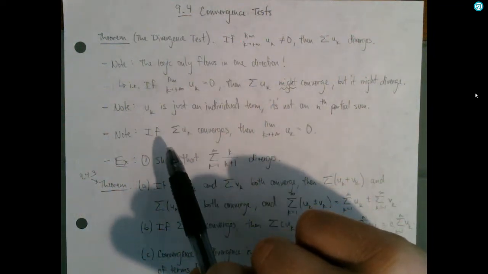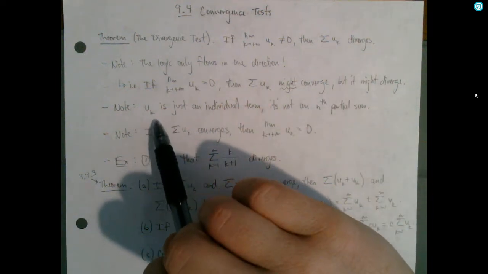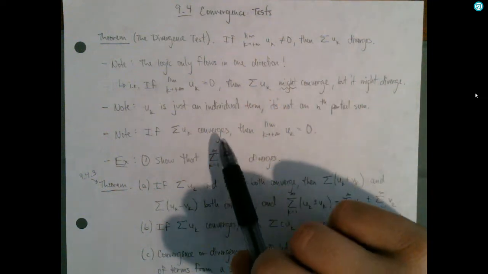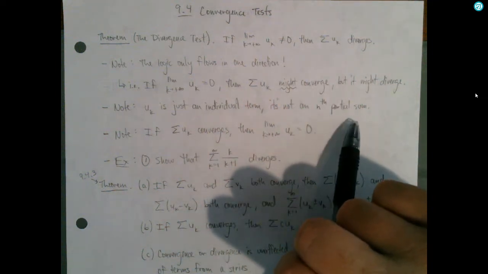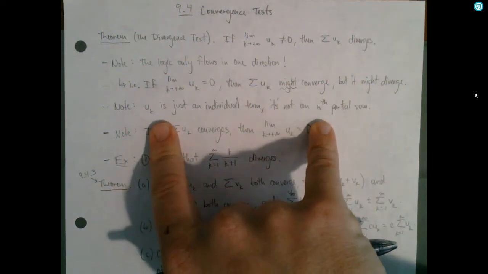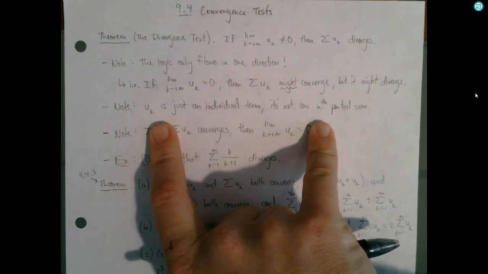Another thing that I'll point out, because I know that this is maybe a little bit confusing, is that u_k here represents just an individual term of a series. It's not an nth partial sum. Okay, and that's important to realize, because in the previous section in 9.3 we were talking about how if the sequence of partial sums converges, then the series converges, right?